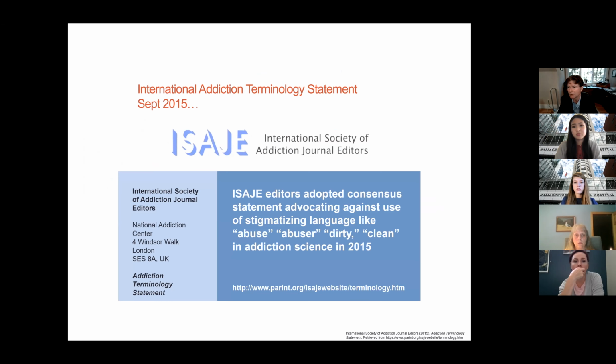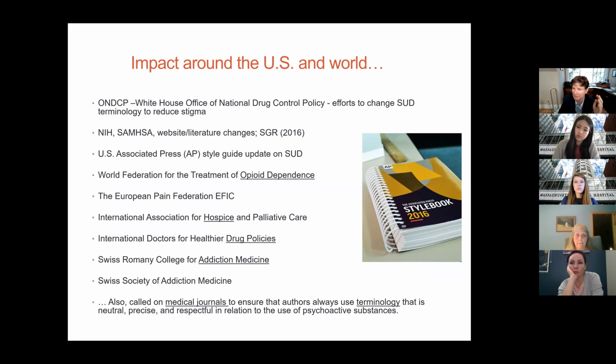We went to Budapest a few years back and spoke at the International Society of Addiction Journal Editors, who adopted a consensus statement to recommend not allowing language like abuse and abuser in scientific literature across the world, because it's found to be stigmatizing. Get it out of our lexicon.